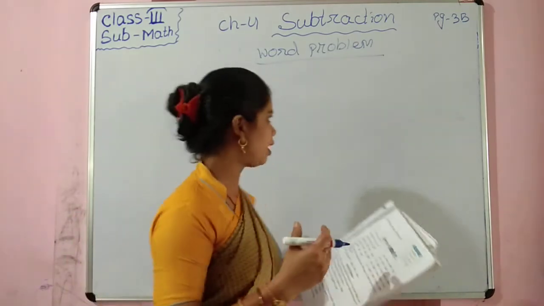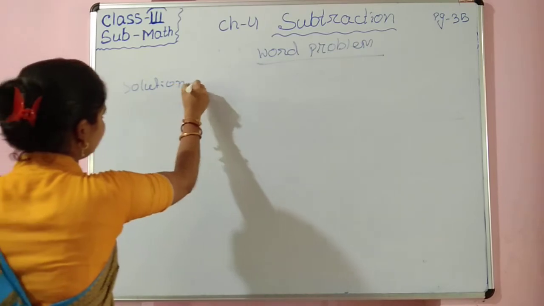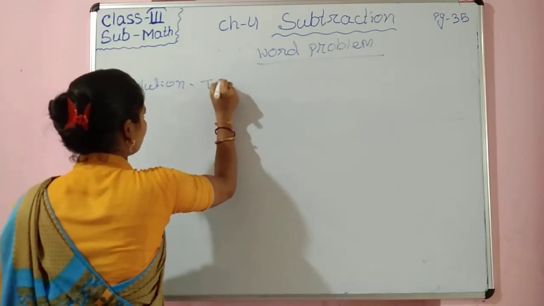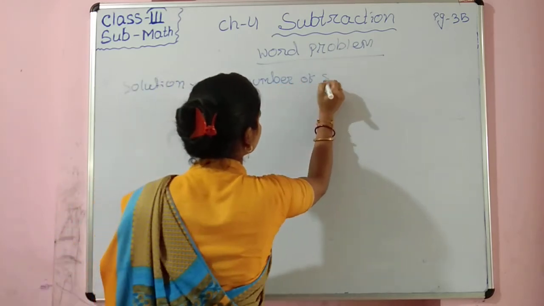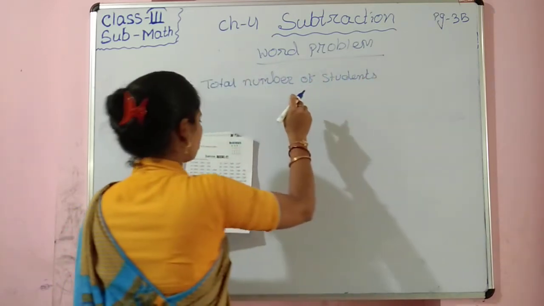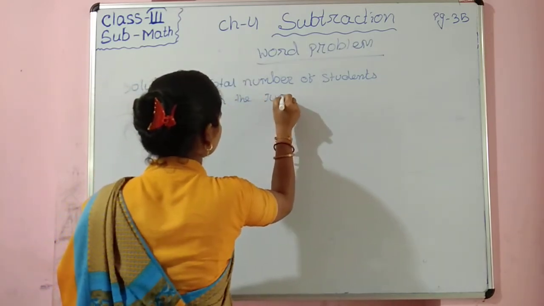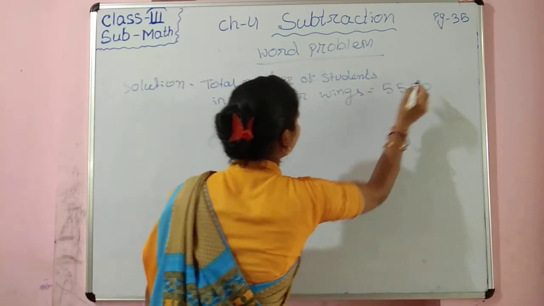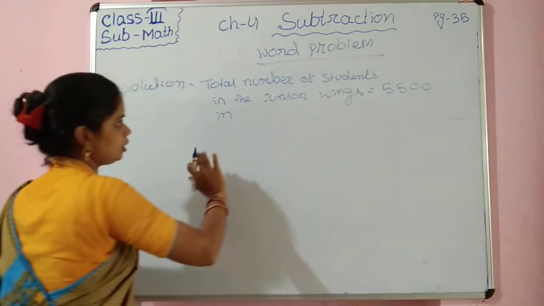How do we write it? Solution. First you have to write the total number of students in the junior wing: 5,500.